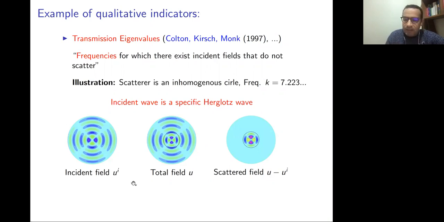You can see that inside the inhomogeneity, the scattered field is really confined inside the scatterer. So it is related to some kind of resonance inside the scatterer. Invisibility outside is related to resonance inside, and this is what is referred to in the literature as the inside-outside duality.